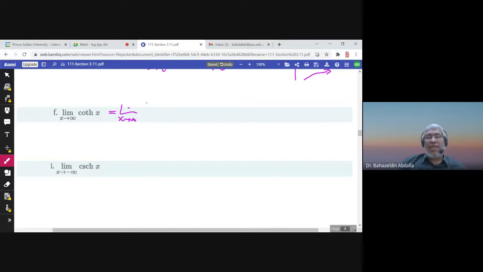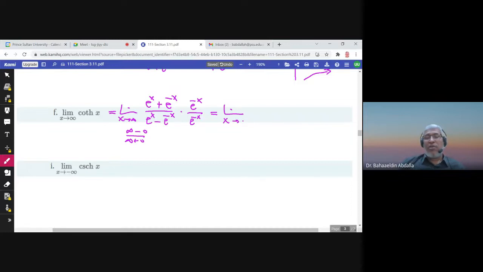For the hyperbolic cotan, it is the reciprocal of tanh. So tanh is e to the power x minus e to the power negative x over e to the power x plus e to the power negative x. So this would be the reciprocal, so plus up and negative down. Now if I replace x by infinity, I'll have infinity plus 0 over infinity minus 0. Sorry, the top is a plus and the bottom is a minus. So I need to multiply by e to the power negative x to get rid of the infinity, or divide by e to the power x.